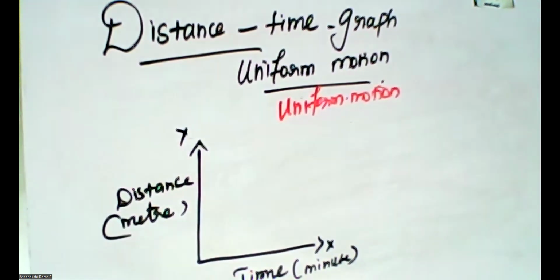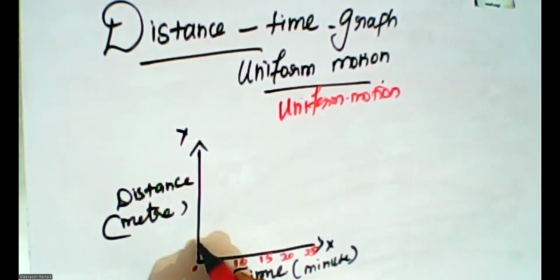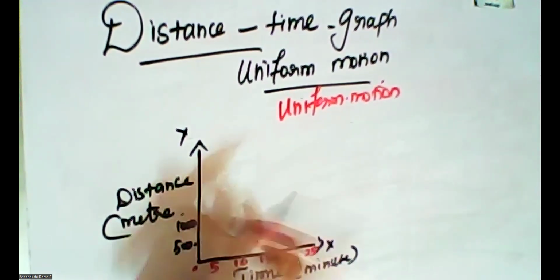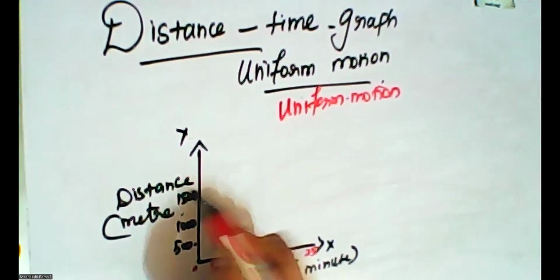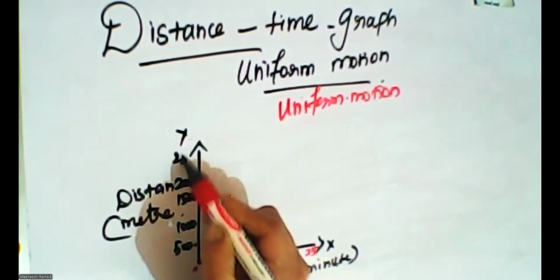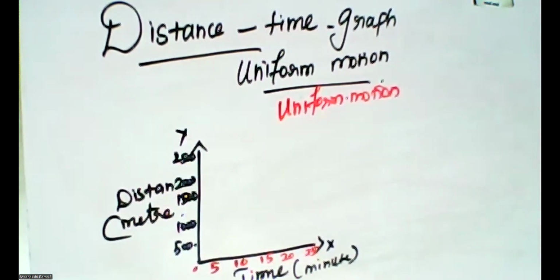Yes, time means this is 0, 5, 10, 15, 20, and 25. Okay, these are all the minutes. In the same manner, 500, 1000 and 1500, 2000, 2500. So this is the distance data.